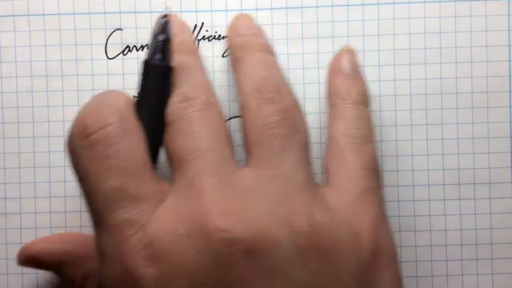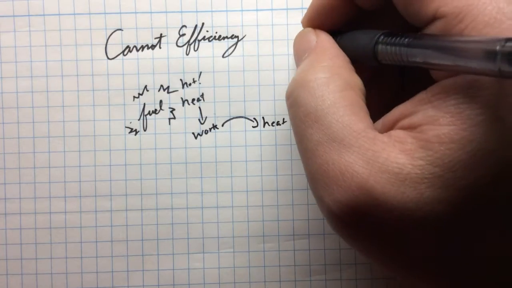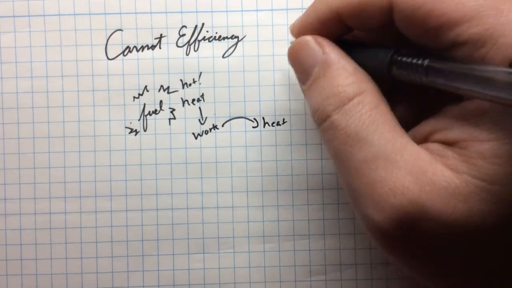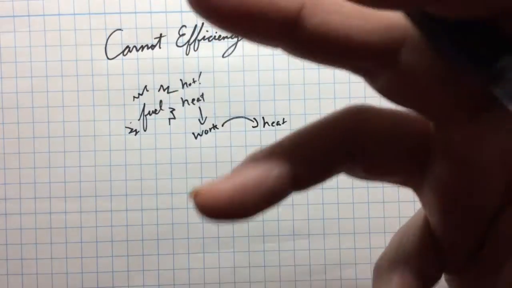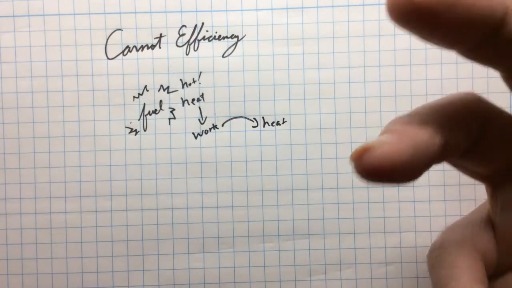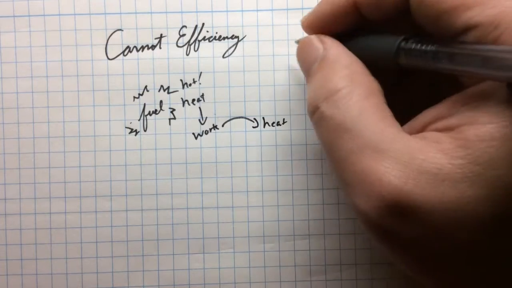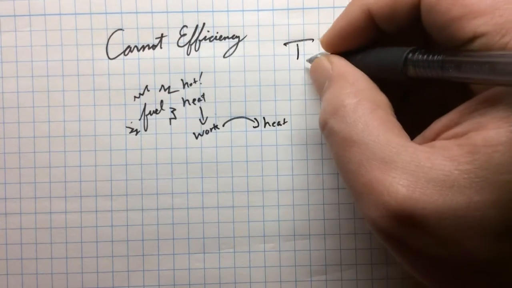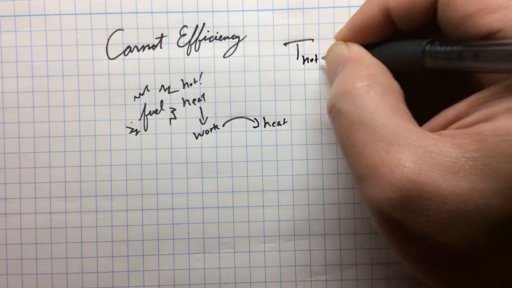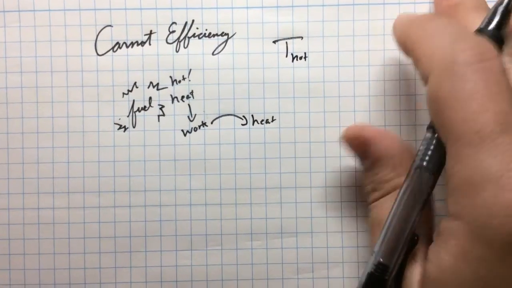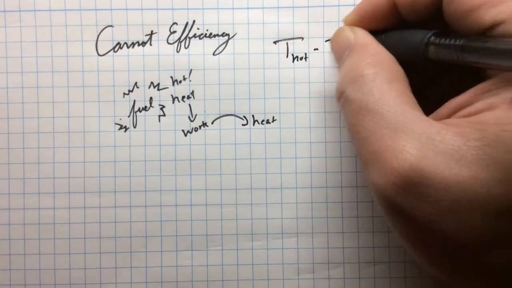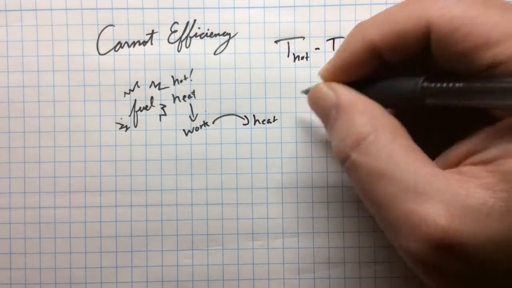So this thing called Carnot efficiency is the amount of work that you would get out at maximum from a system. And so it turns out that this efficiency value is based upon the temperature of the hot place where you're getting all your energy from, minus the temperature of the cold place, which is where you're expelling the energy to.